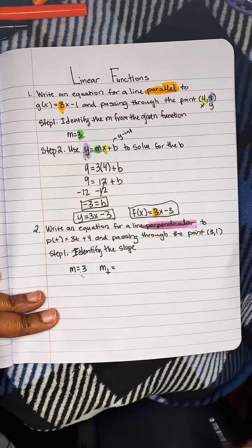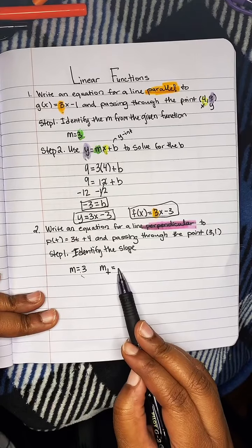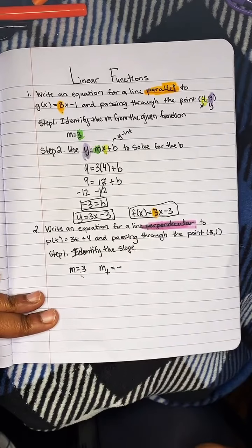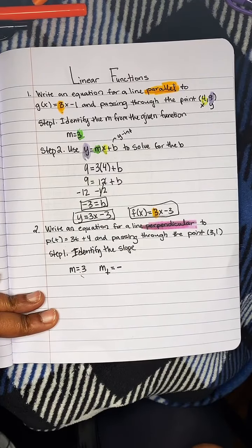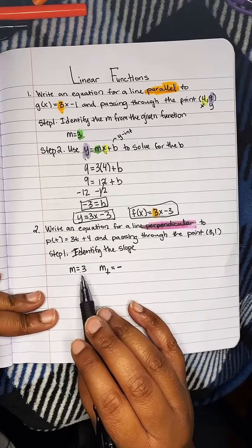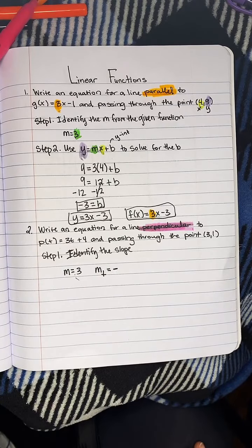So if this is a positive, this one has to be a negative. Oh, I see those reciprocals coming in. Yes. And then how do we do the reciprocal of 3? Does anybody know? 1/3.